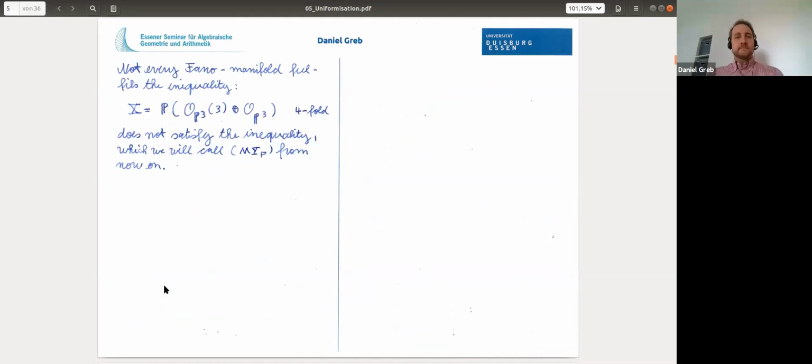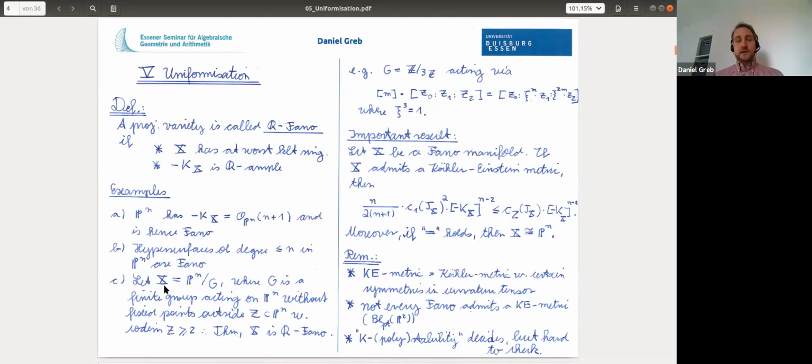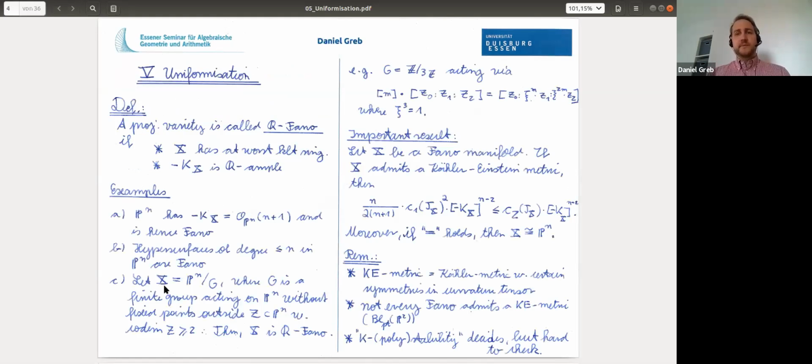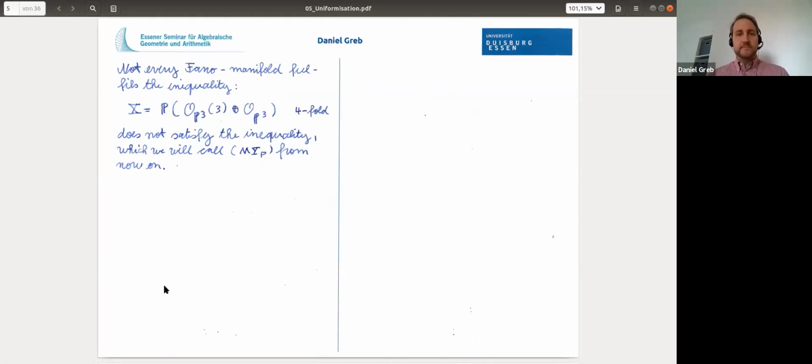Okay. Looking at this Miyaoka-Yau inequality in the Fano case, really the Kähler-Einstein condition, or some condition, is necessary, because not every Fano fulfills this inequality. Again, a compactification of the total space of a line bundle is a counterexample. So X, the projectivization of O(3) plus O over P3, this is a fourfold. This does not satisfy the inequality. And I will call this inequality, this Miyaoka-Yau inequality, MYF, Miyaoka-Yau and then subscript F for Fano version.